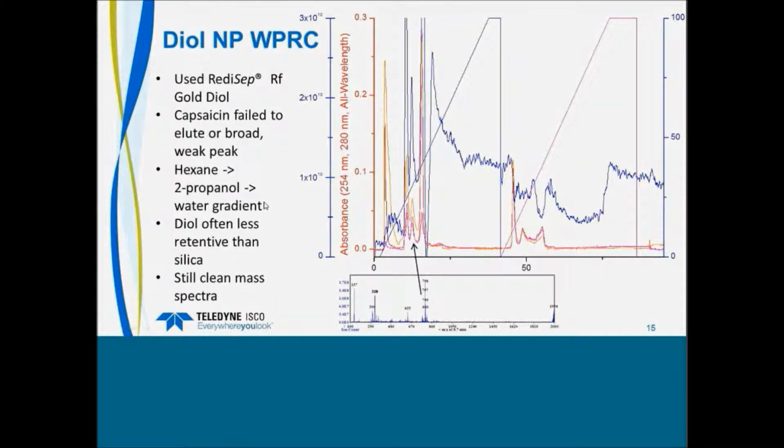The reason why I like to use diol is that it is often less retentive than silica. Even though I have a mixture of peaks that eluted in the hexane propanol gradient, I'm still getting some nice clean mass spectra, including something at almost 2,000 Daltons in this case.